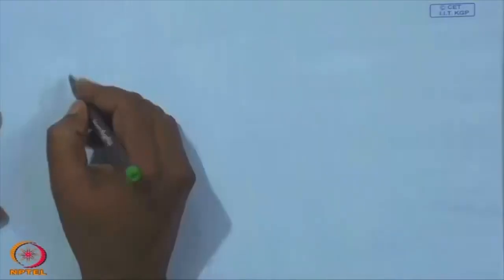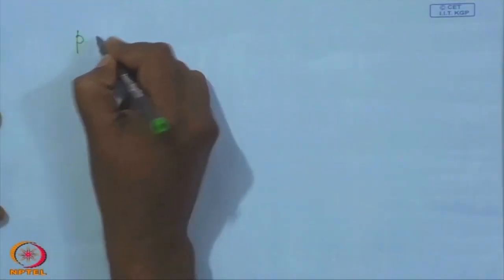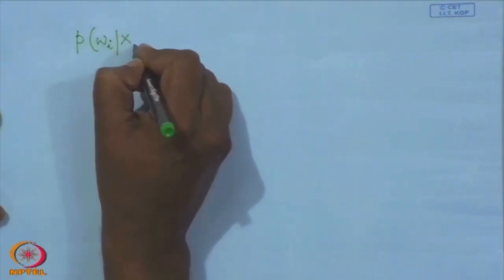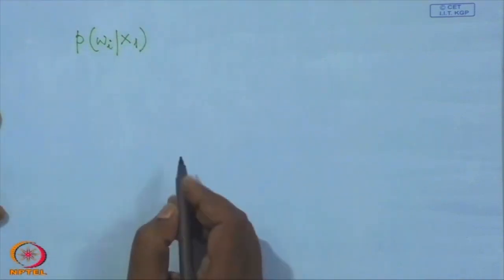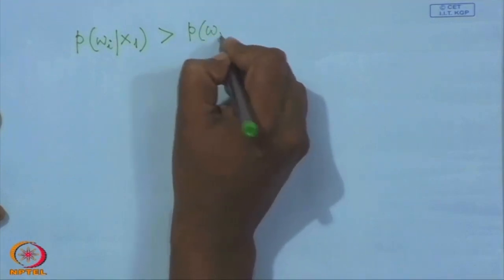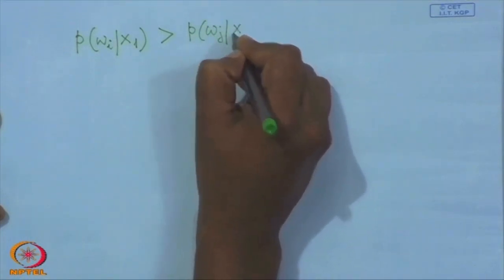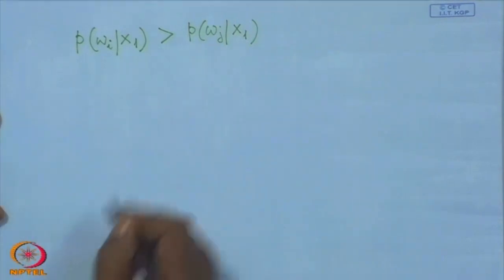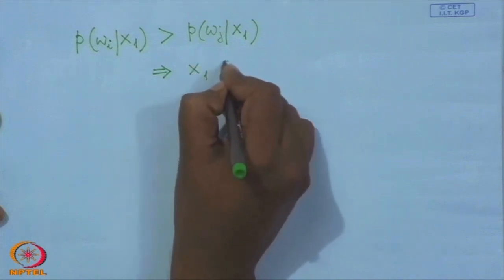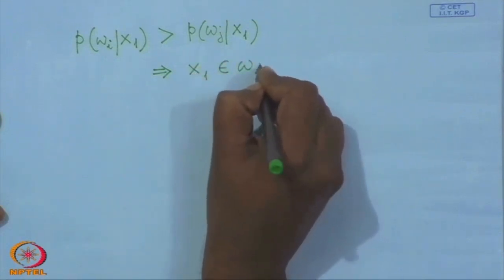If you look at what the Bayes classification rule says, it is simply P of omega i given an unknown sample, say x 1, if it is greater than P of omega j for the same unknown sample x 1, then we decide that x 1 belongs to class omega i.